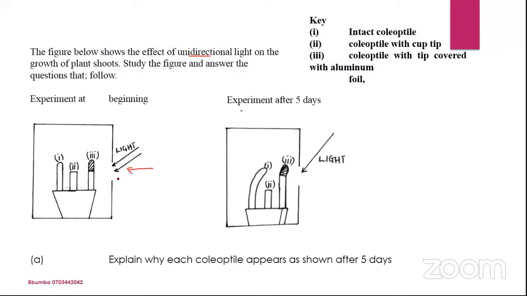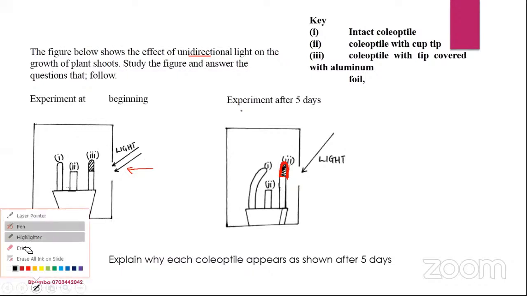Maybe this one was poorly drawn a little bit. It's like they made it bend a little bit, but it didn't bend. It was just straight. Let me redraw it here. Okay, let me use a black marker.